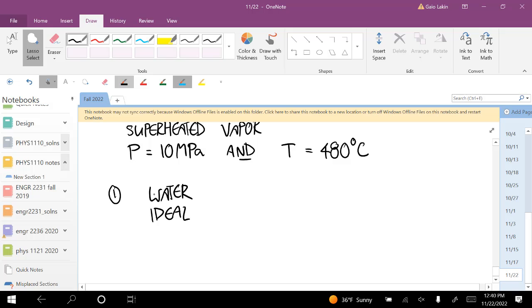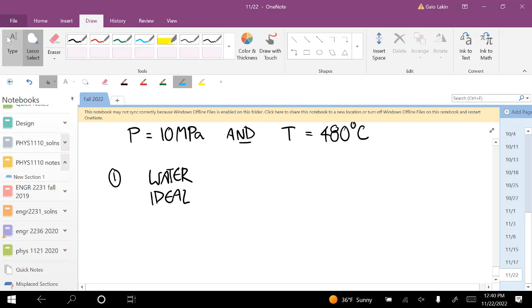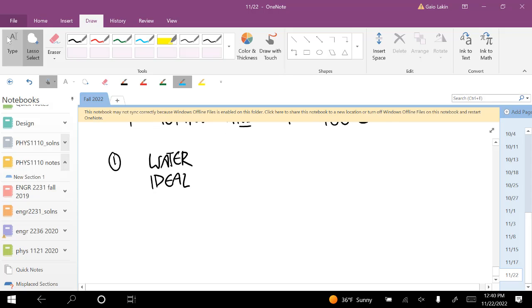So we know that the entropy stays the same as the thing goes through the pump and goes through the turbine. So I'm going to set this up. So here are my states. So state 1, state 2, 3, and 4.